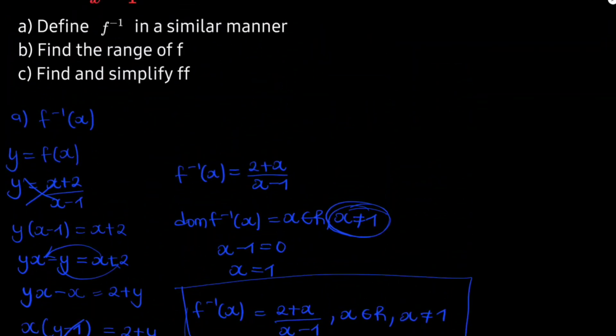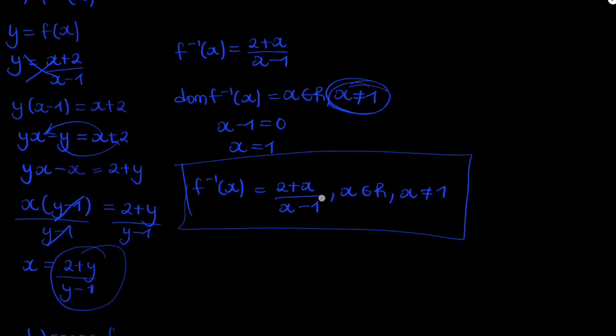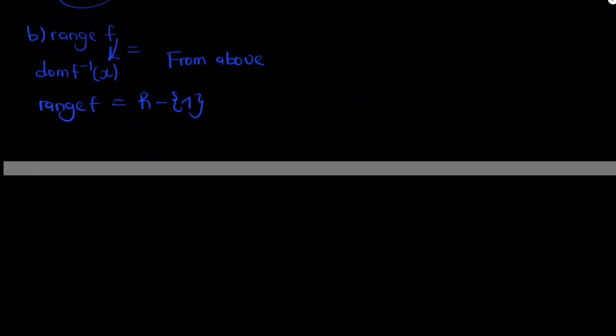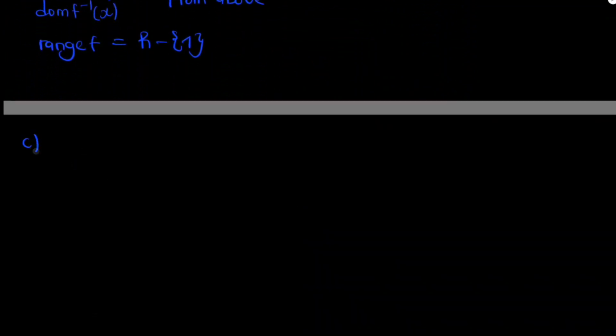And C part says find and simplify f of f of x. So we have to find f of f of x. To break this down, we are simply going to have f into f of x.